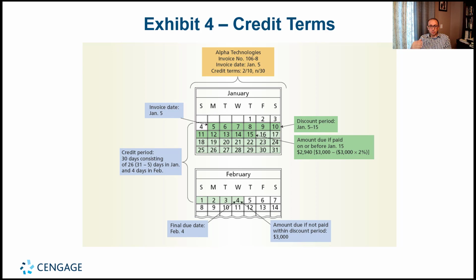But the maximum, the latest day that we can pay our debt is February 4th, which is 30 days, because remember the invoice had an N30. So starting from day 16 all the way to day 30, you're going to pay the full amount, which is $3,000.